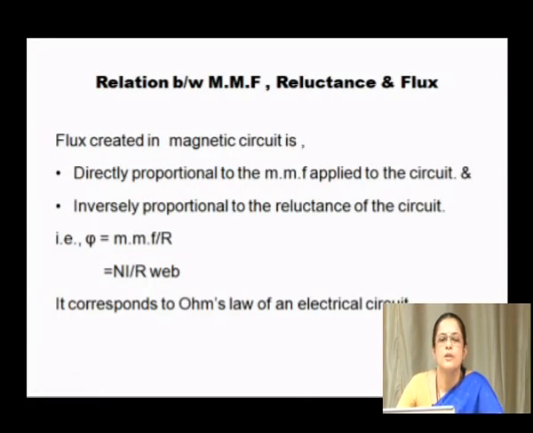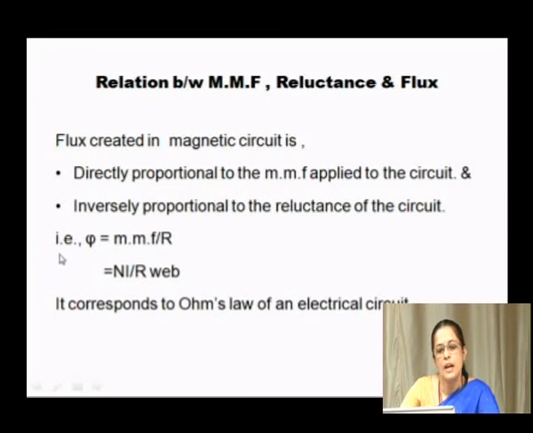Coming to the relation between M.M.F, reluctance and flux. Flux created in a magnetic circuit is directly proportional to the M.M.F applied to the circuit and inversely proportional to the reluctance of the circuit.